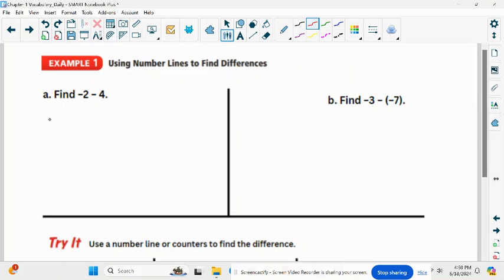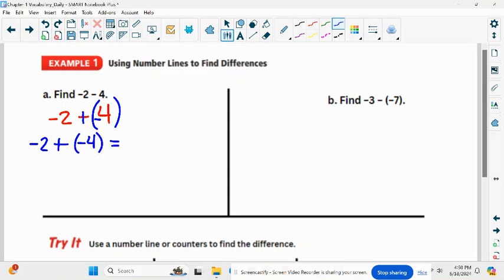But here I have negative 2 minus 4. What we're going to do, and I'm going to change this to a different color so we can see what's happening, is we're going to change this subtraction to addition, and then we're going to change the sign of the second one from positive to a negative. So now we have negative 2 plus negative 4.